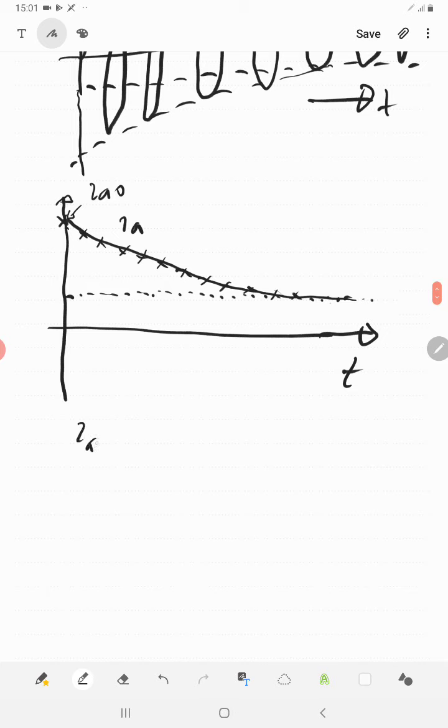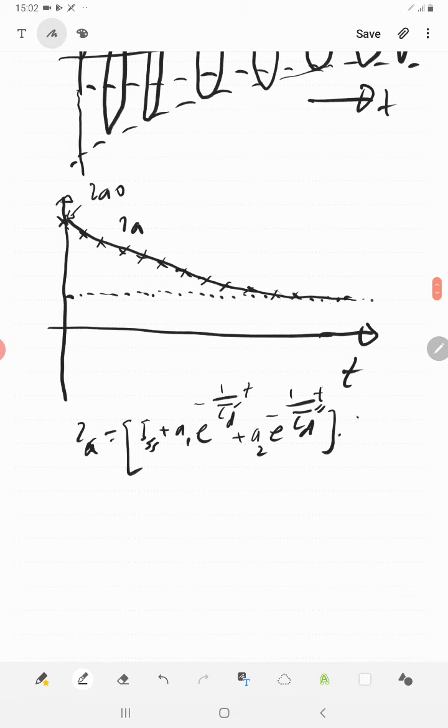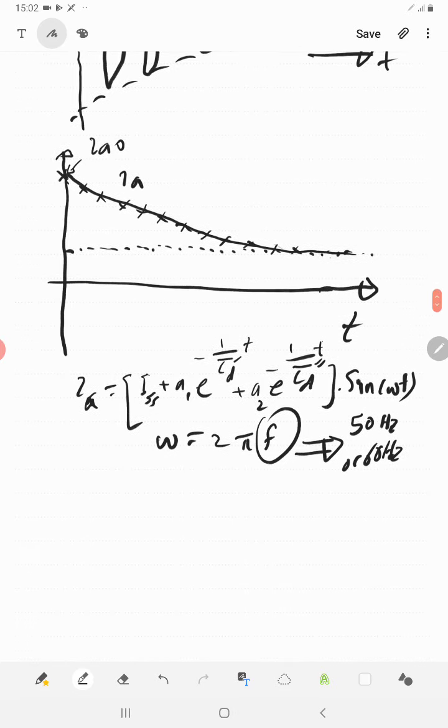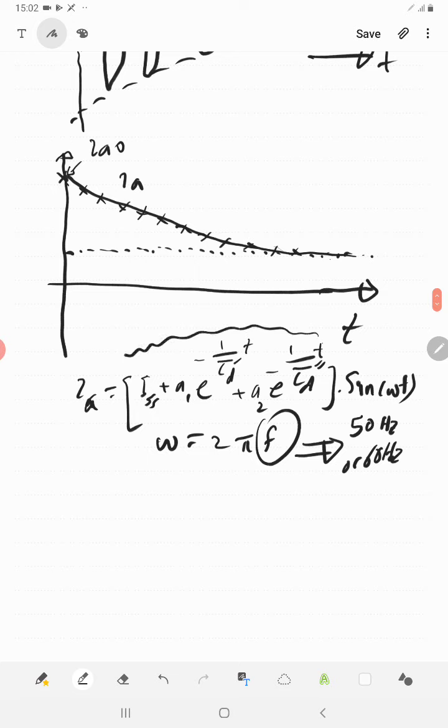First, IA equals I steady state plus A1 e to the minus 1 over tau d transient times t, plus A2 e to the minus 1 over tau subtransient time constant times t, this times sine omega t, where omega equals 2 pi f, f equal 50 hertz or 60 hertz. Now this represents the envelope.